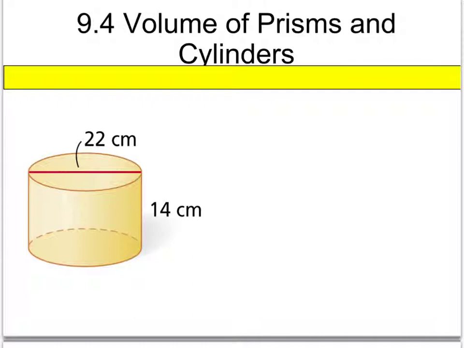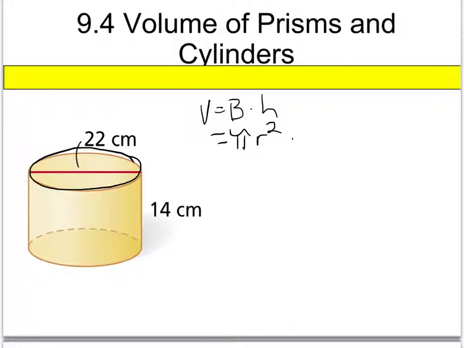The very first thing, your volume is equal to the area of your base times your height. The solid is a cylinder, but your base is a circle. So you need to find pi r squared times your height.